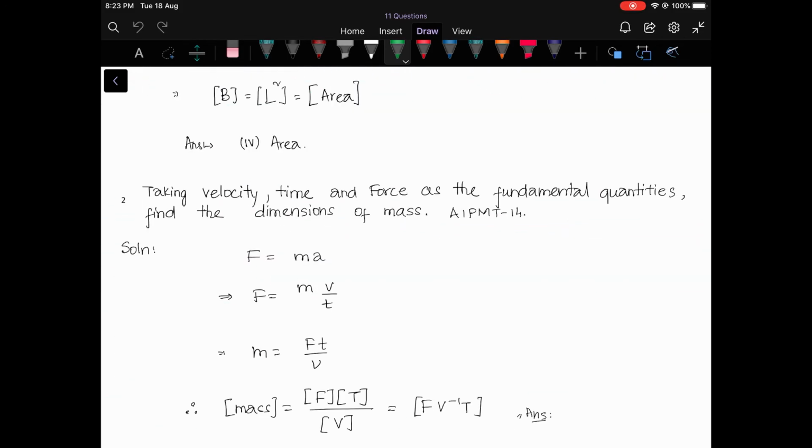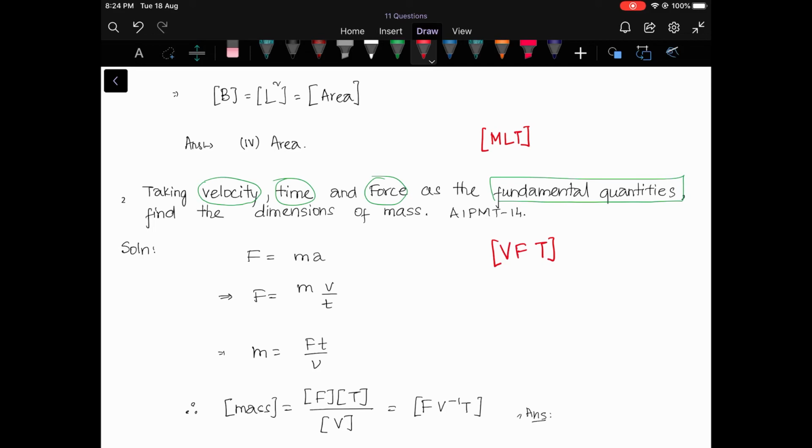Then we have this next problem, number 2, where we must take the velocity, the time and the force as the fundamental quantities. Earlier, if you remember, we normally take mass, length and time as fundamental quantities, but in this particular problem they have said we have to take velocity, time and force as the fundamental quantities.